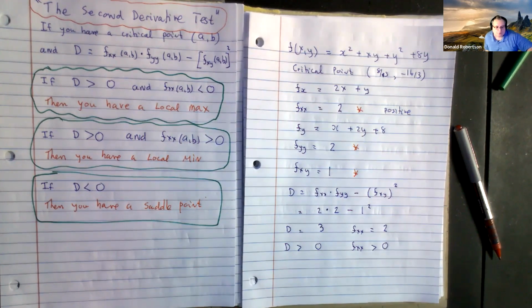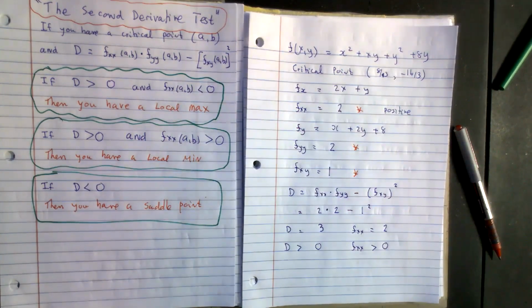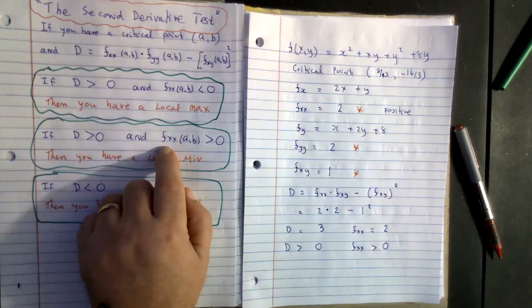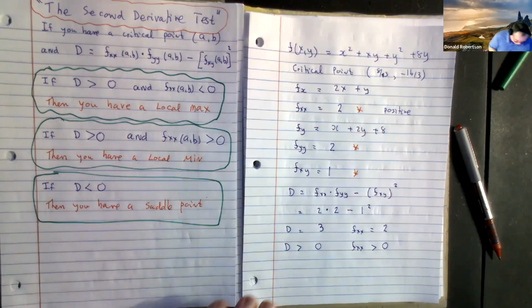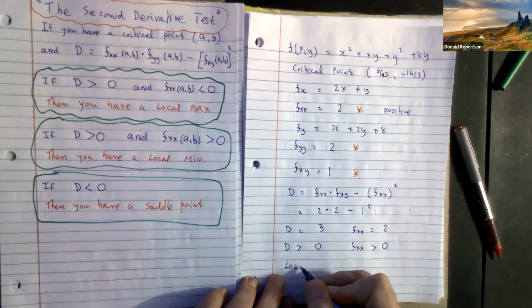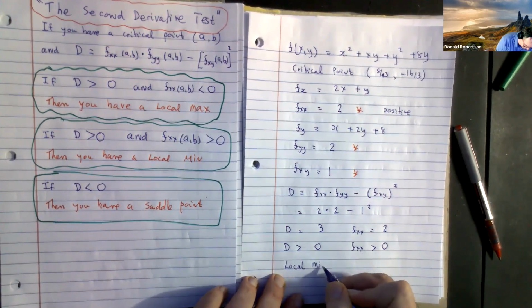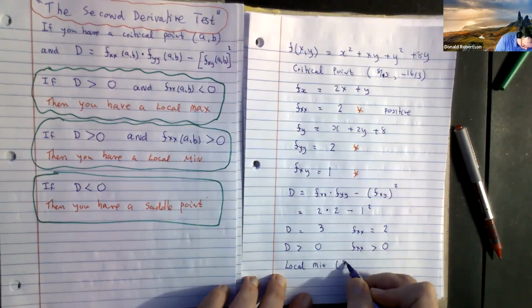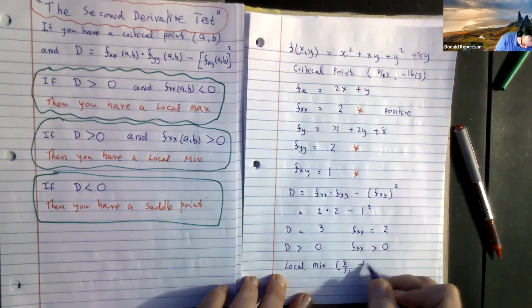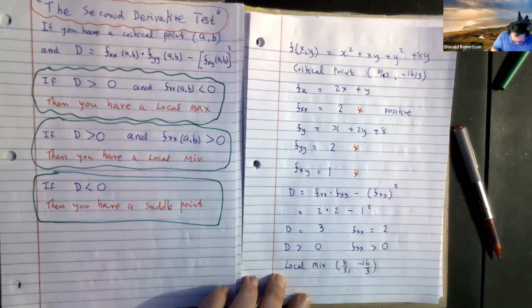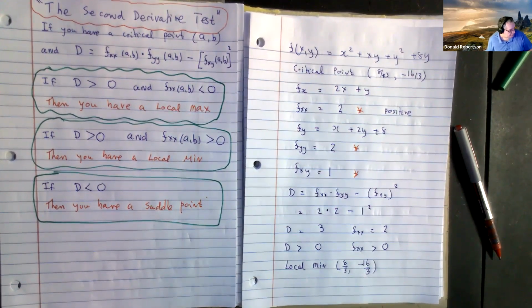Local max, local min, or a saddle point at this one critical number? Local min. Agreed? Local min. So I know that there is a local minimum, and the coordinates are 8/3, -16/3, which is fine.